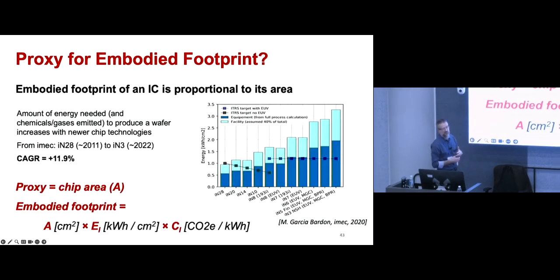That's how we can see that this actually makes sense. This plot on the right is showing the total amount of energy needed to produce 1 square centimeter for different technology nodes. So chip area is the proxy for the embodied footprint, and that's something that we as computer architects can reason about.